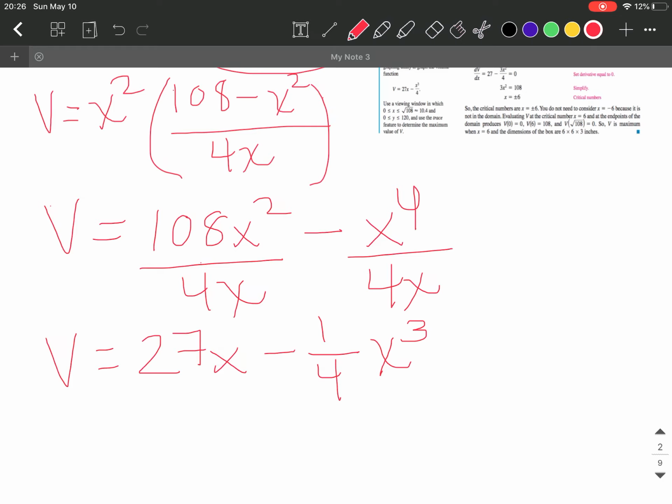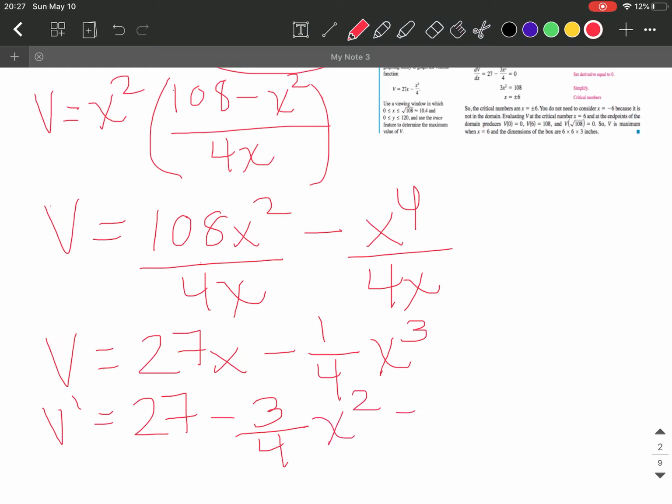To optimize my volume, I need to figure out where it has a horizontal tangent line or where it has a maximum or a minimum. So the first thing I'm going to do is derive this to find the derivative of the volume. Don't forget always to derive in optimization problems. So the derivative of 27x is just 27 minus the derivative of that, bring down the 3, subtract 1.